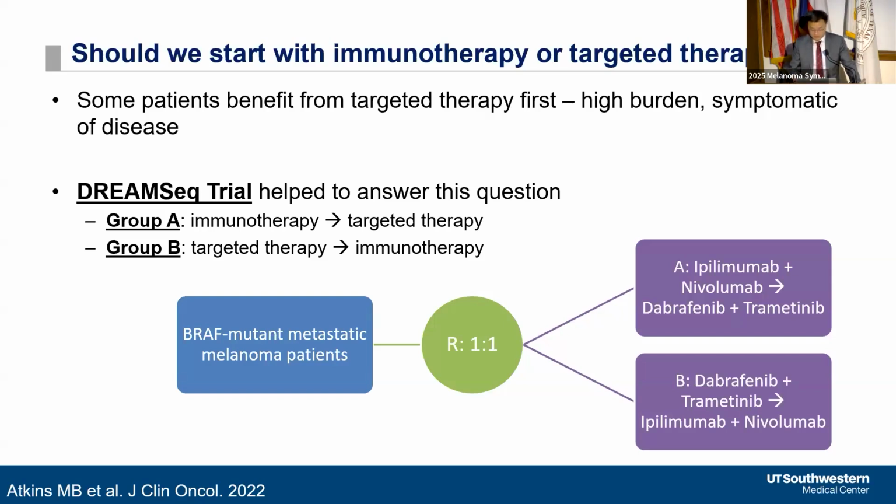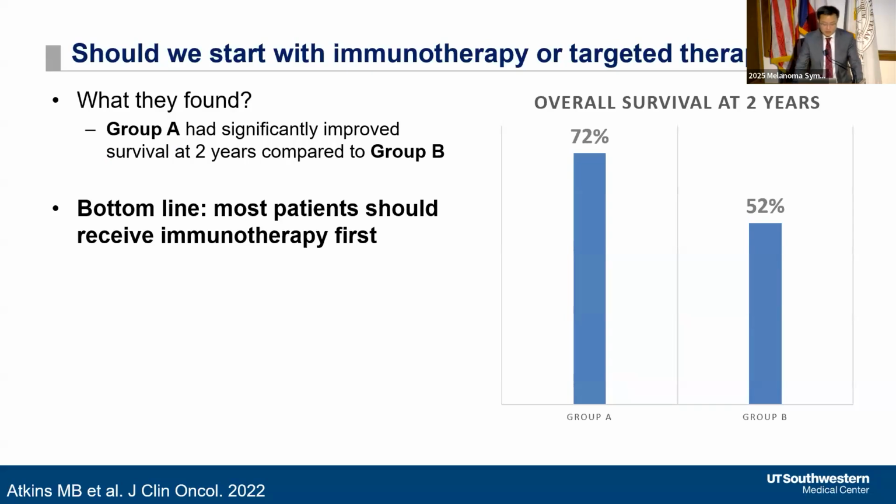What the investigators of the study found was that group A, the group that received the immunotherapy combination first, had a significantly improved survival at 2 years compared to the group that got targeted therapy first and then immunotherapy.